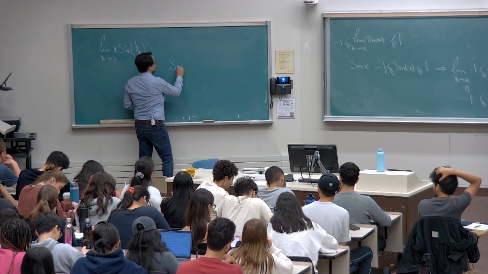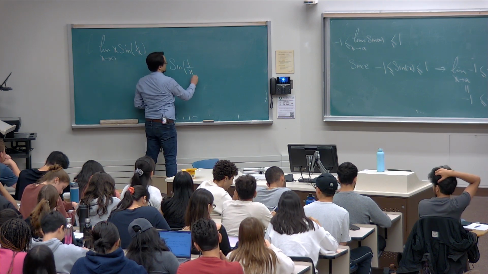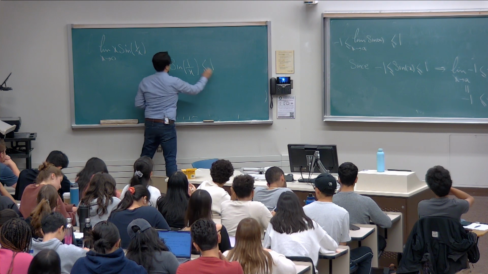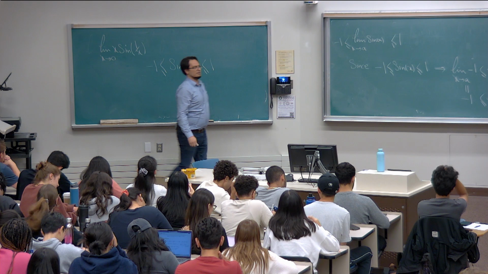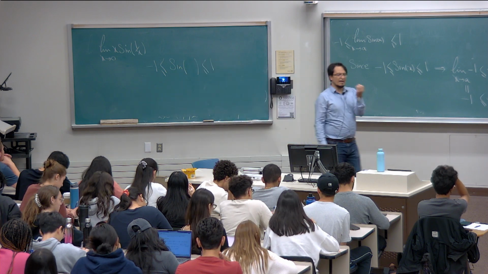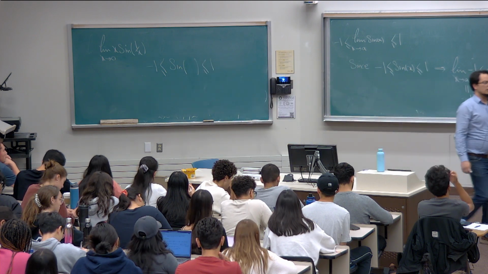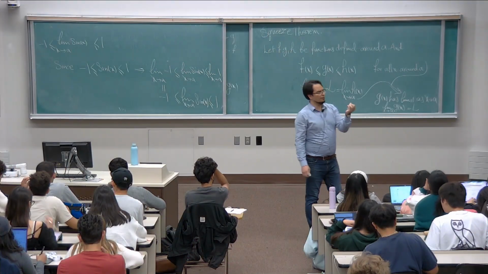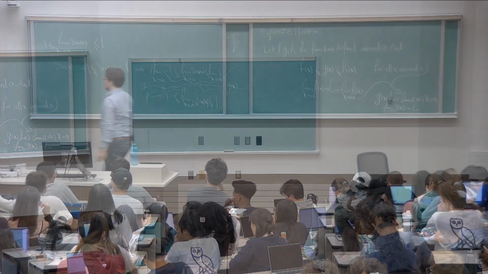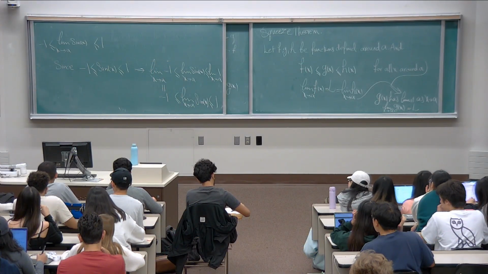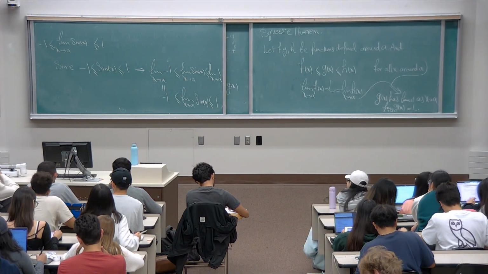I can see that, forget that there's 1 over x. Sine of any angle you give me is going to be between -1 and 1. Yes? It's always going to be between -1 and 1, including if this angle is given by x or 1 over x, doesn't matter.